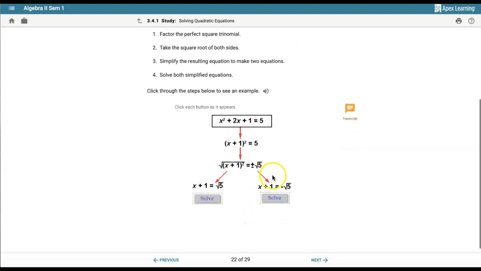So what that looks like here is we've squared this. Now if I annotate this, oh, it won't let me annotate. Apologies there. Here we go.